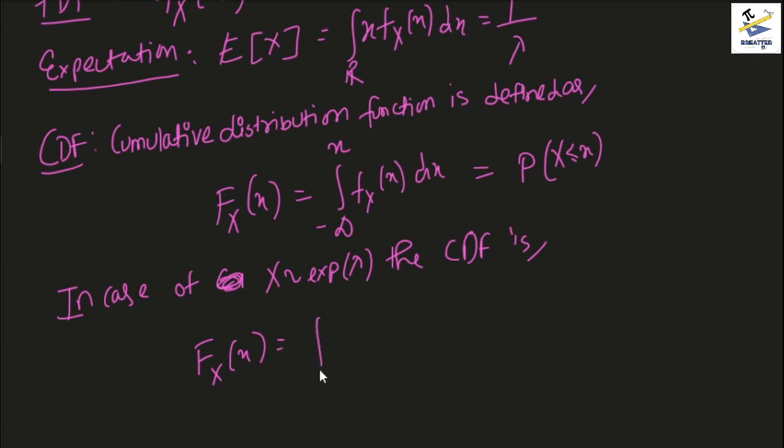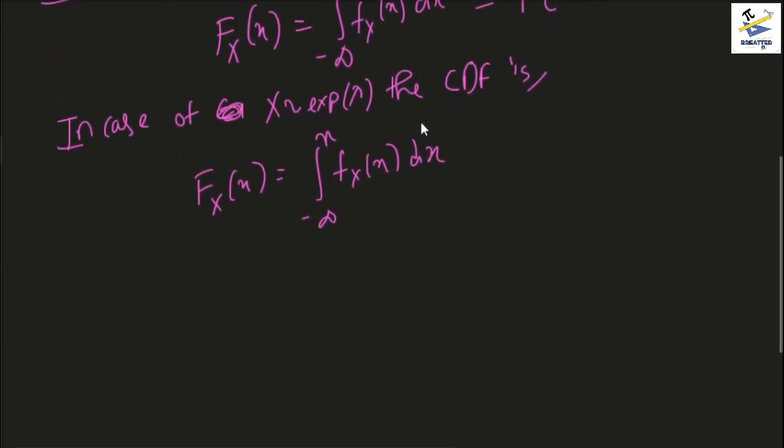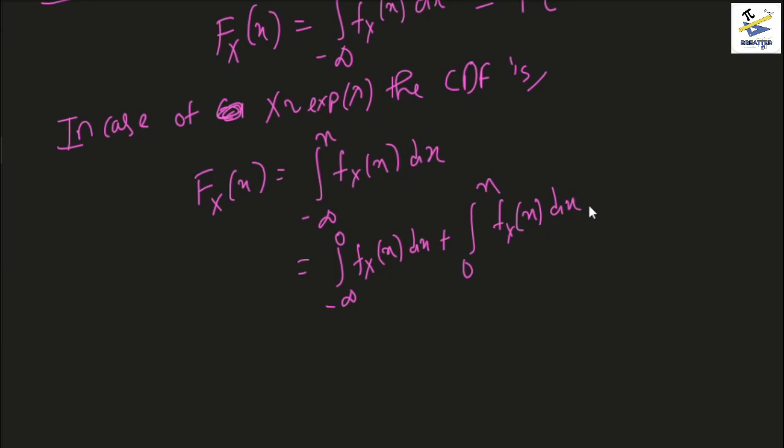So we just integrate simply minus infinity to x of f(x) dx, and now, well, small x is greater than 0 because all the arguments are greater than 0. So again, as usual, we can divide it into two intervals, minus infinity to 0 of f(x) dx plus 0 to x of f(x) dx, right?